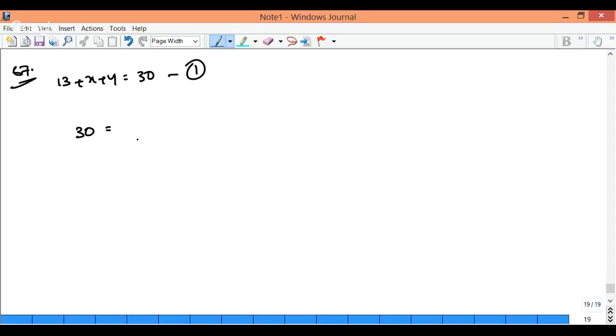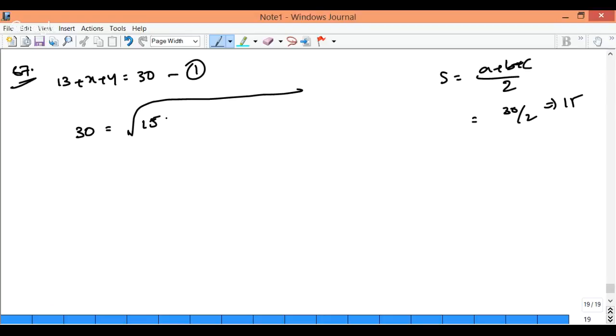Now, we apply Heron's formula. S is equal to (A plus B plus C) by 2. A plus B plus C is given as 30, so 30 by 2 is equal to 15. Area is the square root of S into (S minus A) into (S minus B) into (S minus C), so 15 into (15 minus 13) into (15 minus x) into (15 minus y).